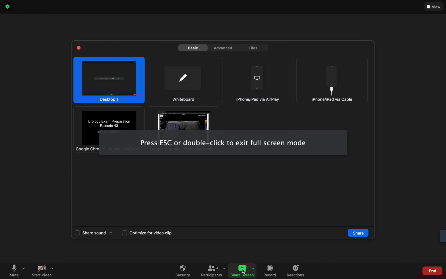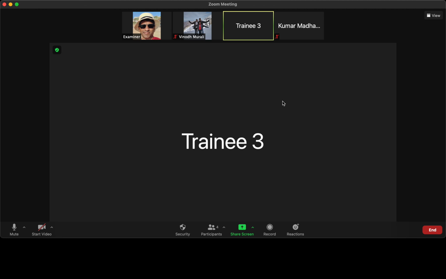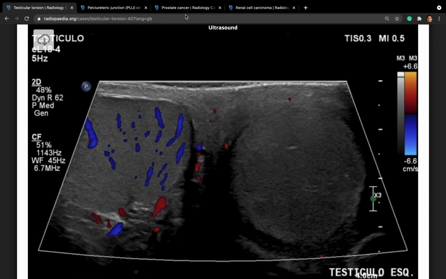I'll ask him about his general condition, performance status, and if he is taking any medication at the moment, including anticoagulation. I'll ask him about any previous surgery and any allergy as well.